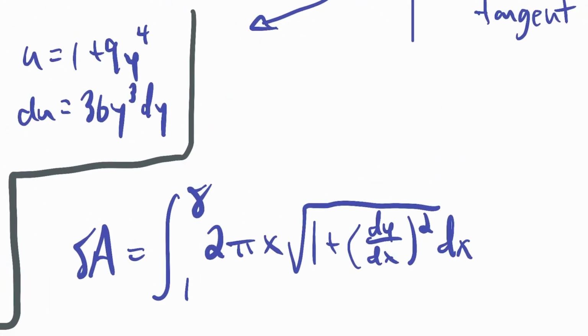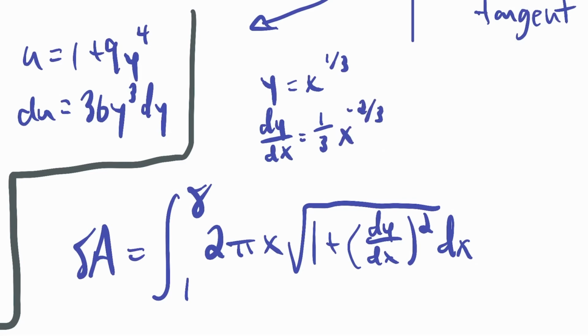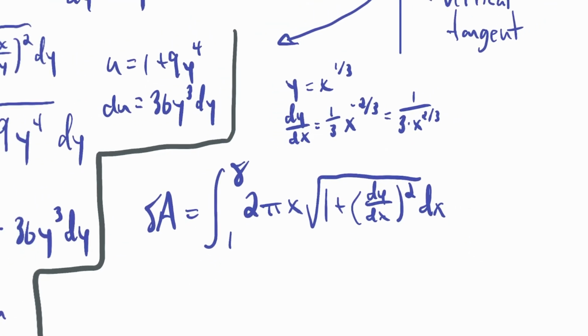I'll copy that over here. y equals x to the 1/3 power. So dy dx, this is 1/3 x to the negative 2/3 power. Or in other words, if I want, 1/3 times x to the 2/3 power.